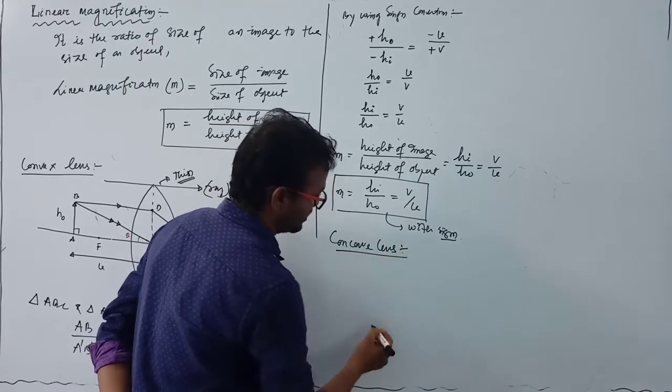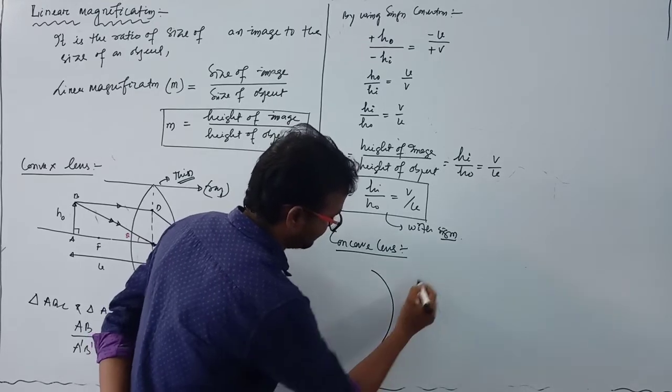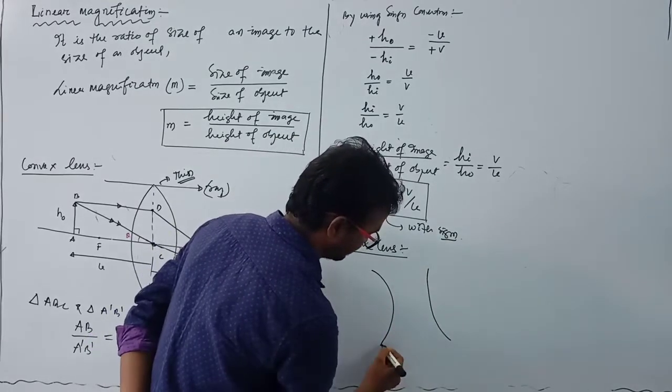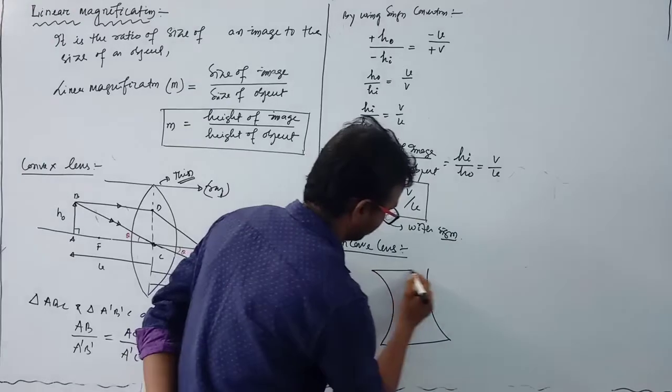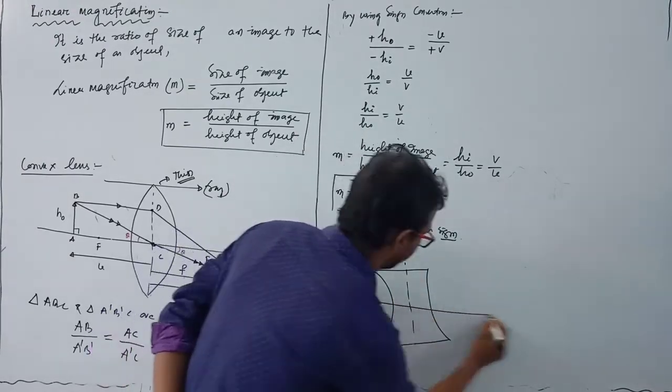For concave lens, suppose there is a concave lens here, and this is principal axis.